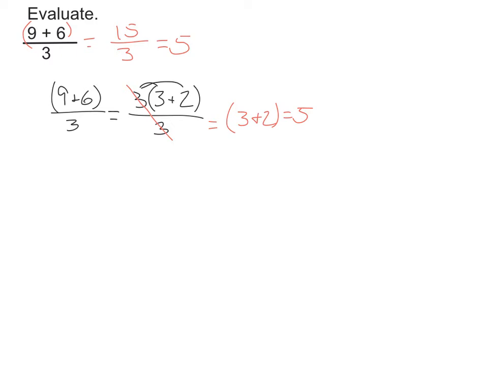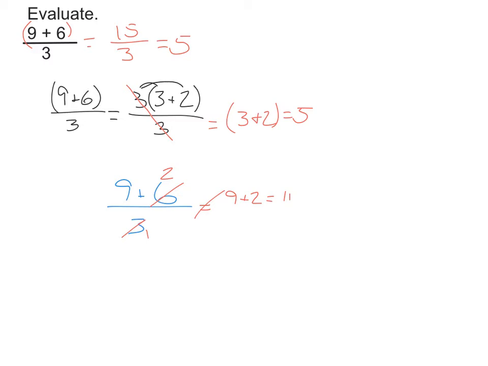The reason I'm showing you this is because all too often I see something like this, where you see, oh, we have a 3 and a 6 here. Well, I can cancel the 3 and the 6. This becomes 2. And all of a sudden, I have 9 plus 2, which makes 11. Well, this is not the same thing, right? We know the answer has to be 5, so there's no way it can be 11.